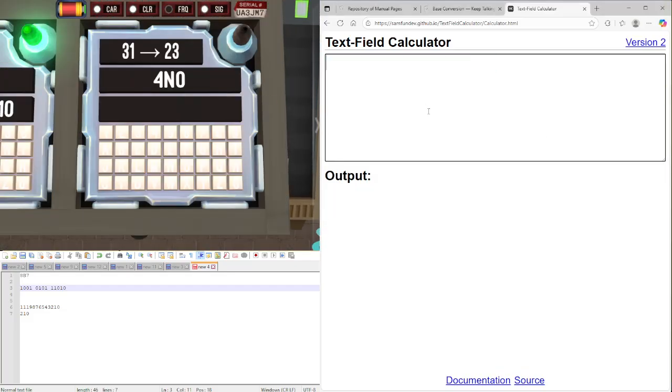And the final one. Base 31 to base 23. So we have 4 times 31 squared.